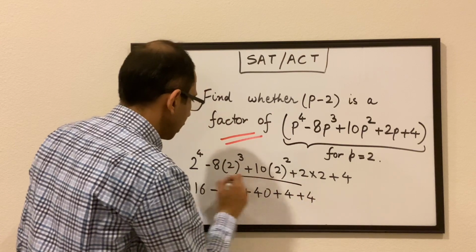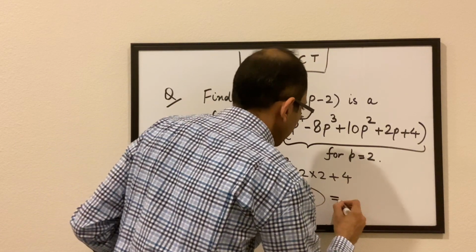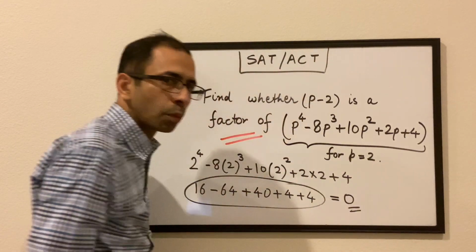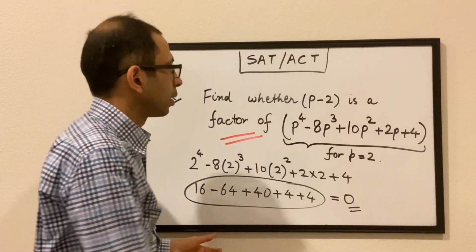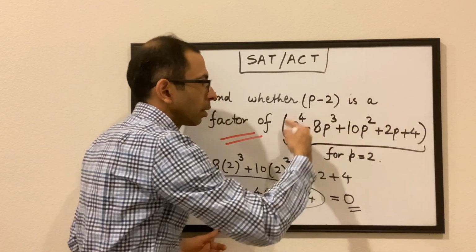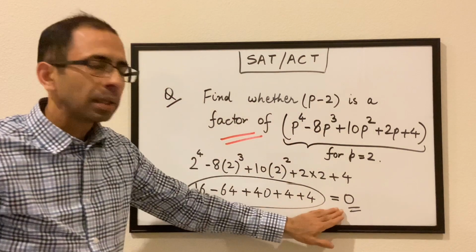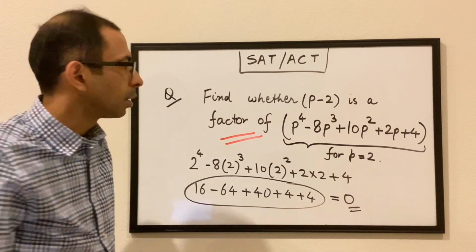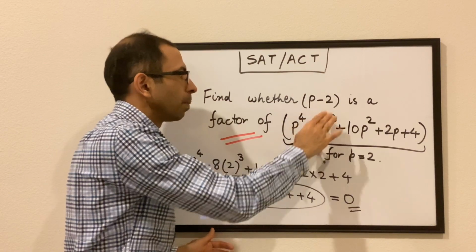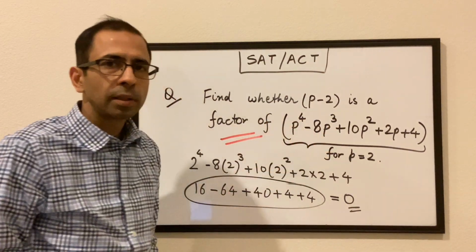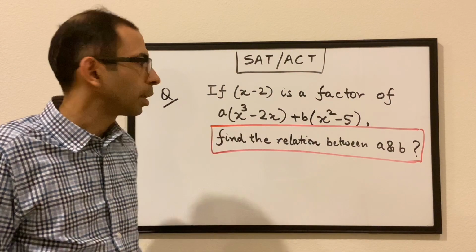Right? And if we add all of these, we get 0. So what does it mean? It means that when this polynomial or this function is divided by p minus 2, we will get a remainder of 0, and hence p minus 2 is a factor of this polynomial.